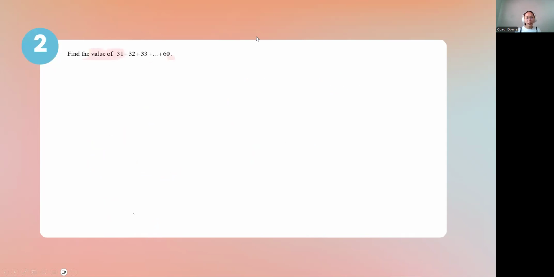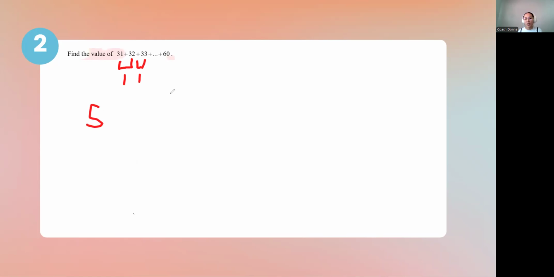All right, I see correct answers. Good. So find the value of 31 going to 60. From 31 going to 60, notice that the difference is just 1 going to the next number. This is still considered an arithmetic sequence. And once we have an arithmetic sequence, we can use the formula.